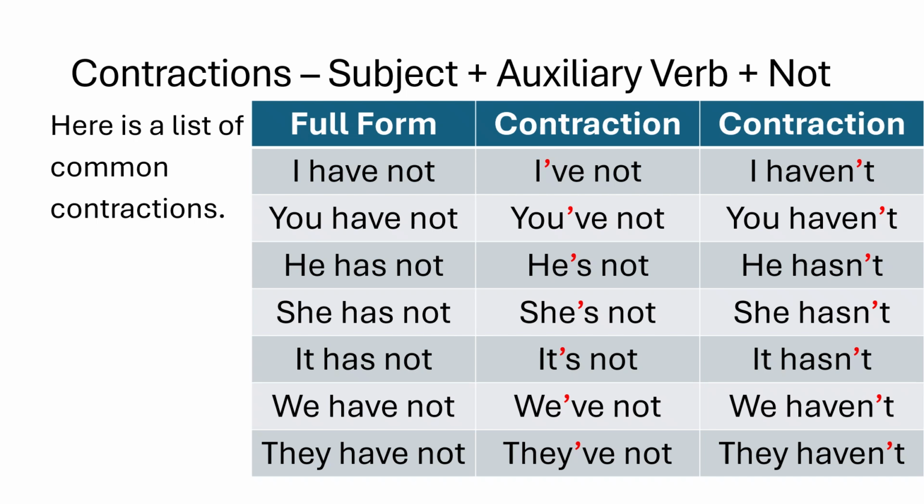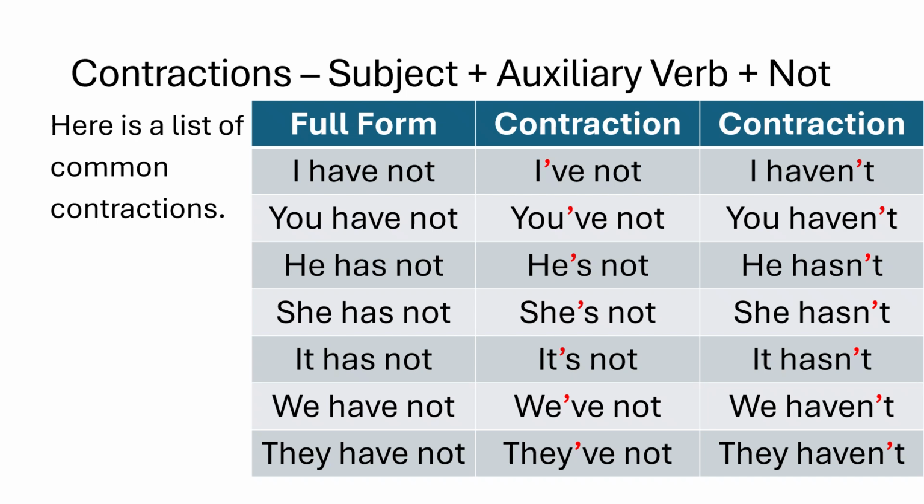Here is a list of common contractions. These contractions are made up of the subject plus the auxiliary verb to have plus not. This is the full list. The first group of contractions is correct, but uncommon in everyday speech.